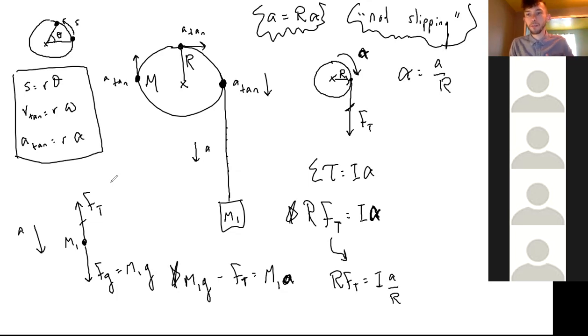So let's talk about the problem-solving strategy here. The problem-solving strategy is just what we've always been doing with forces and acceleration. Draw free body diagrams, write Newton's second law equations, make the direction of acceleration your positive direction. The only thing that we're changing really is that now some objects could be rotating.